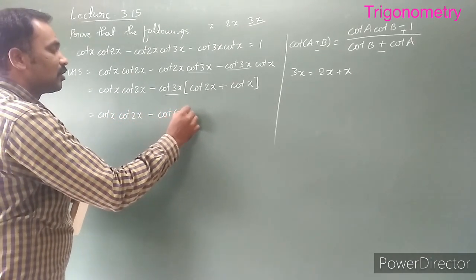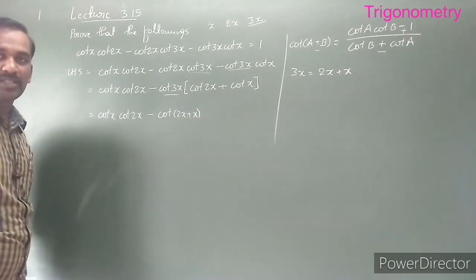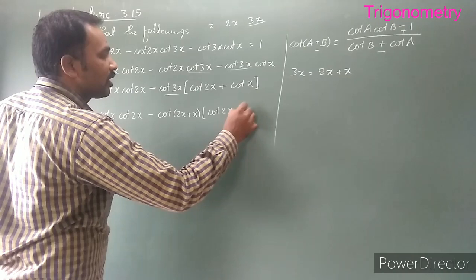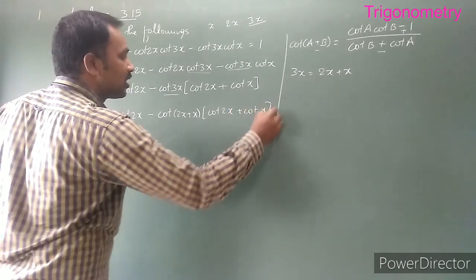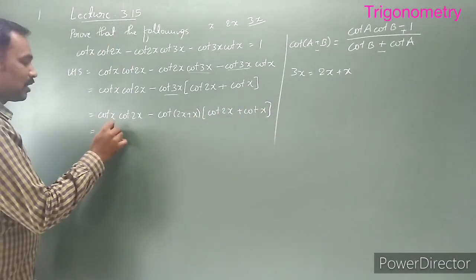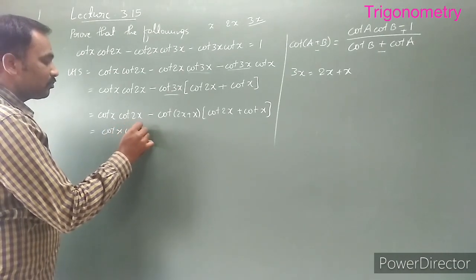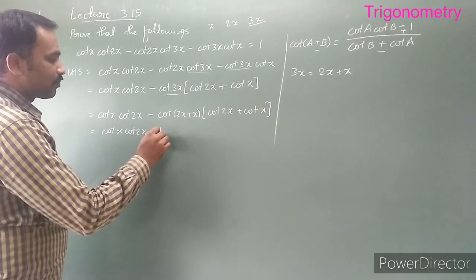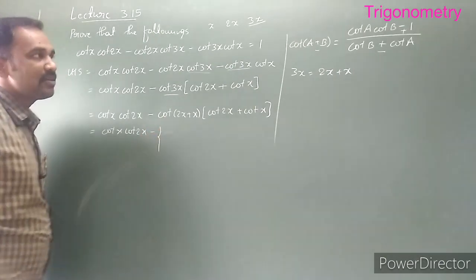3x can be written as 2x plus x or x plus 2x. Now apply the cot of a plus b formula.